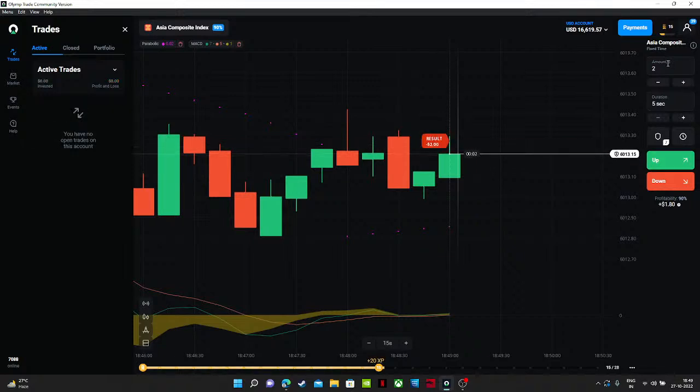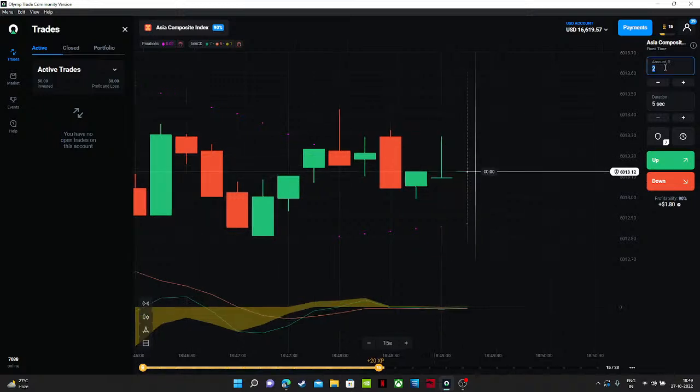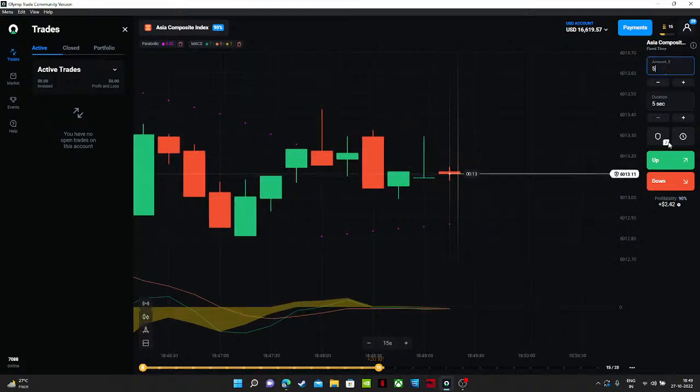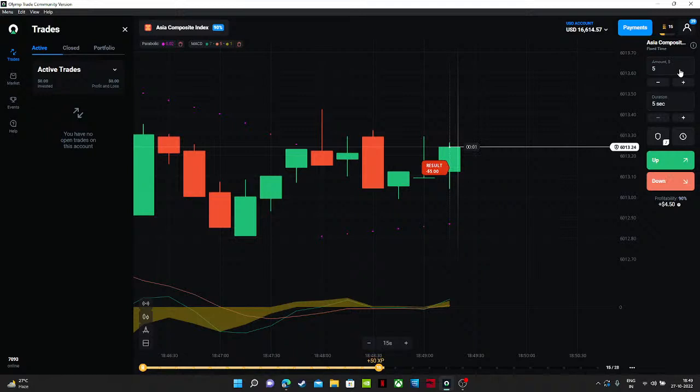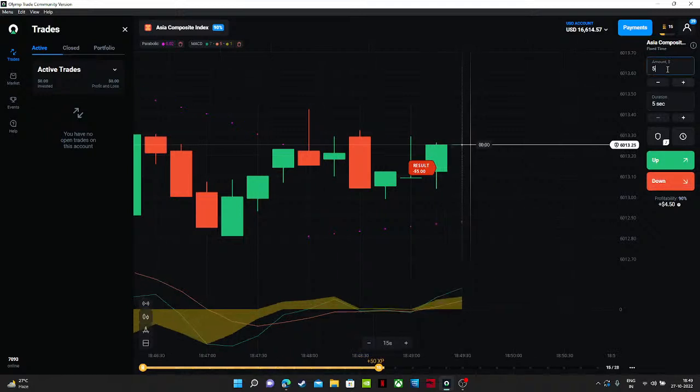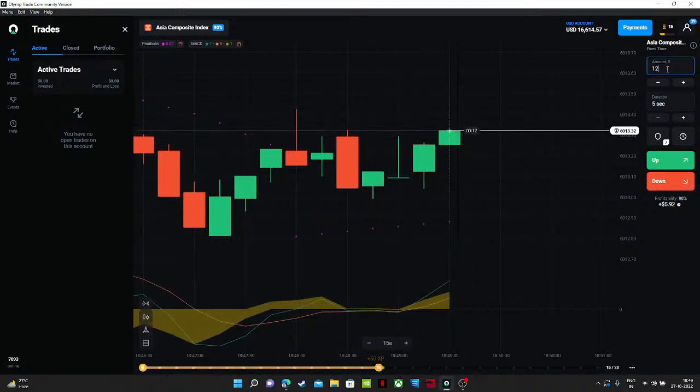We lost this trade as well, no worries. We will use the martingale, next trade for $5. Then we will follow the process.